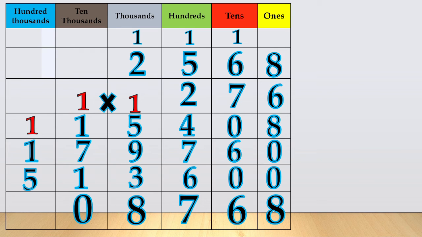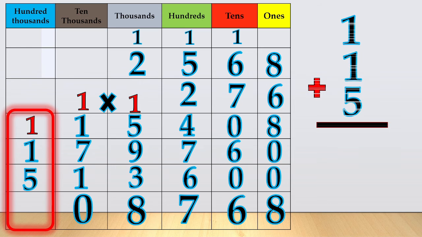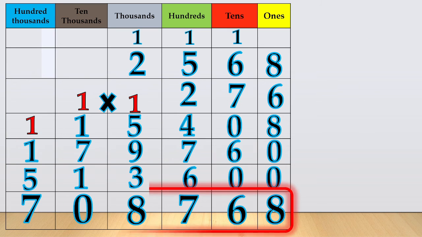And we are going to add 1 plus 1 plus 5 is equal to 7. Our final answer is 708,768.